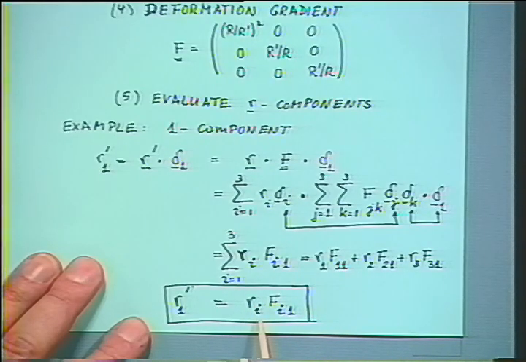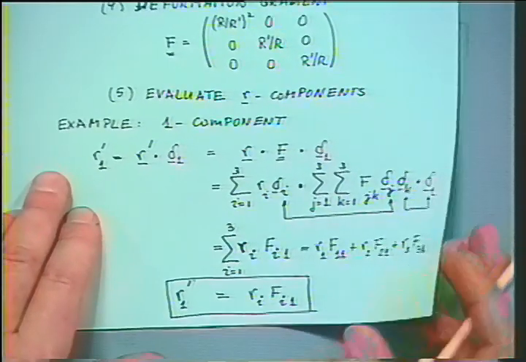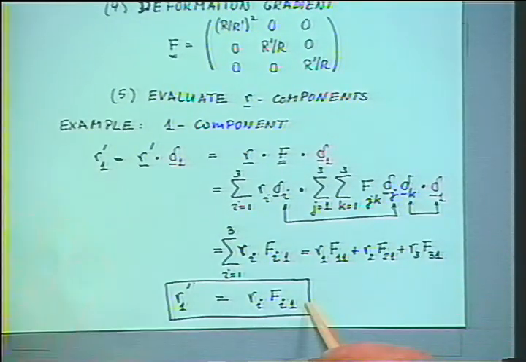It's obvious that i has to be summed up from 1 to 3, so we leave out the summation notation, and we just write down now the scalar value of R1 prime is equal to R_i F_i1. And this means that we are summing up over i over 1, 2, and 3. And you can do that with the given components.